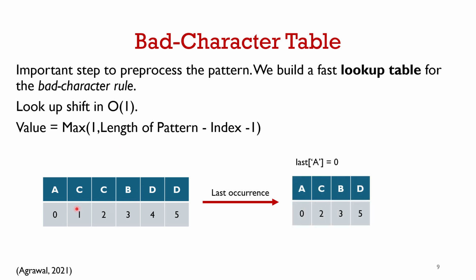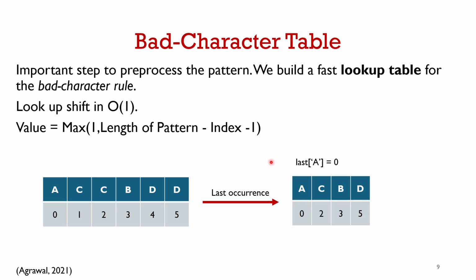What does that mean? We have this as the pattern. We store each possible character, which means we have A, C, B, and D. We only want the last occurrence of each character, and we don't want repetitions. So, for example, for letter C, the last occurrence of letter C is at index 2 and not index 1.